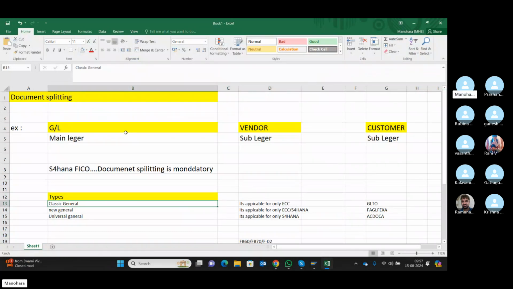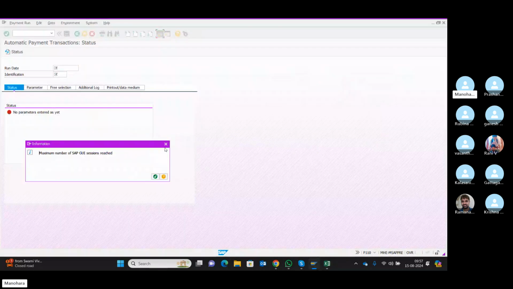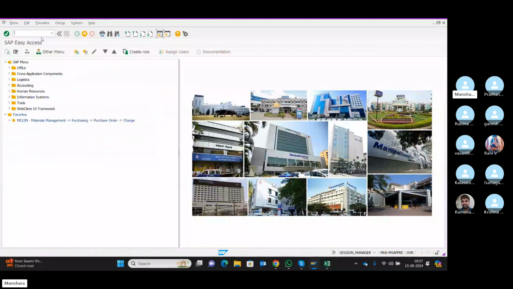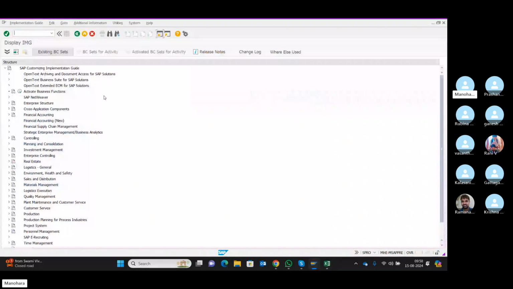Okay. So the classic GL and new GL concepts are applicable only for ECC, and the universal journal is for S/4HANA. So to find out what our client is using, go to SPRO and look for Financial Accounting (New).